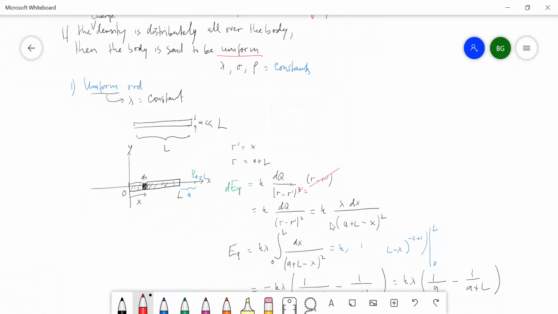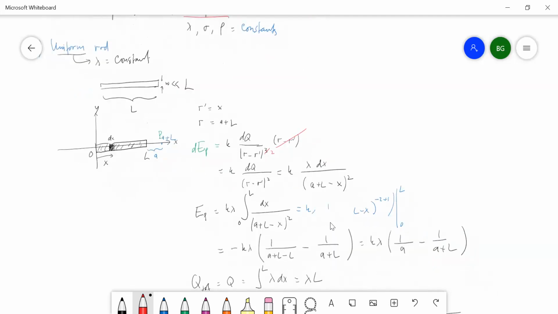And the width of the rod is omitted, because it's very small compared to the length of the rod. So we can reduce this problem from two-dimensional to one-dimensional.